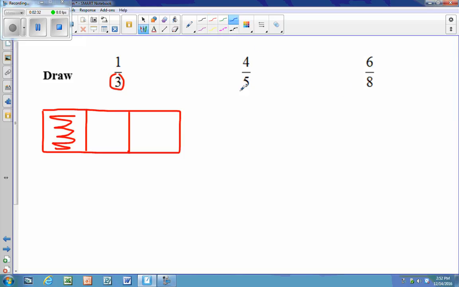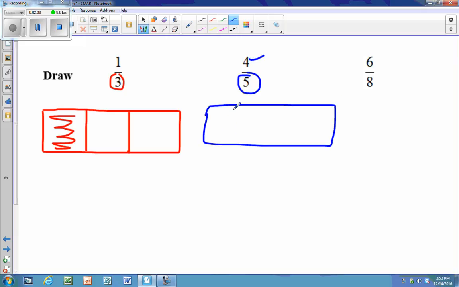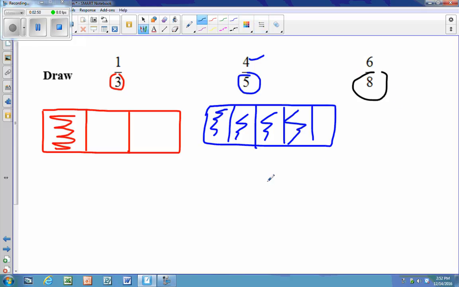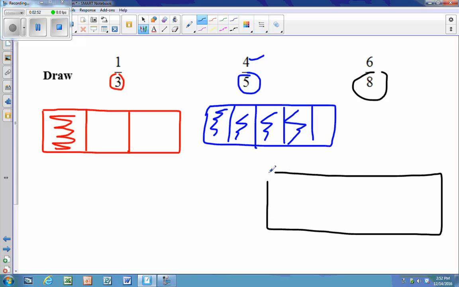In this case over here, we're splitting into 5 pieces and we're shading in 4. This time we're splitting into 8 equal pieces, and we're shading in 6 of them.